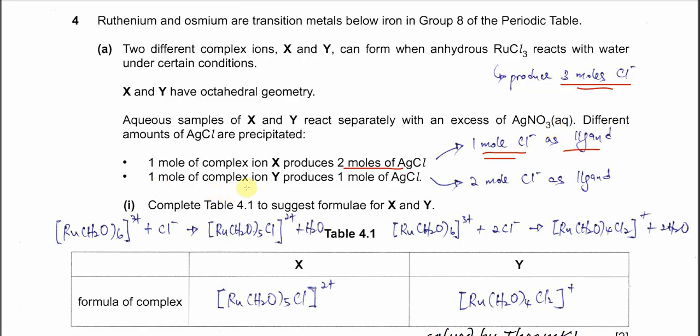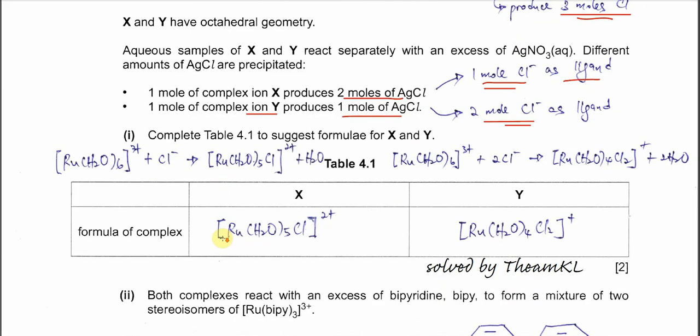For complex ion Y, 1 mole of silver chloride is produced, which means there will be 2 moles of chloride available as ligands, forming dative bonds with the ruthenium. If you understand this relation, you should know it is something like this.